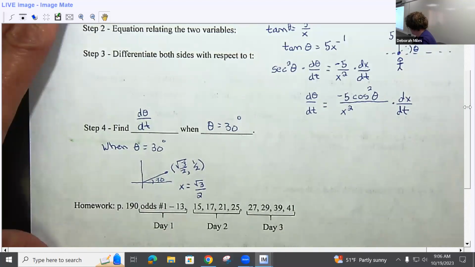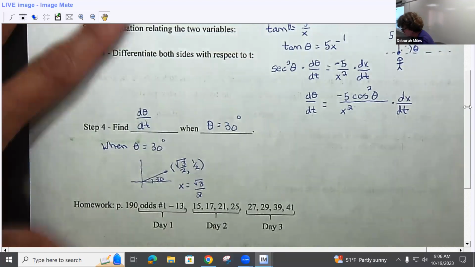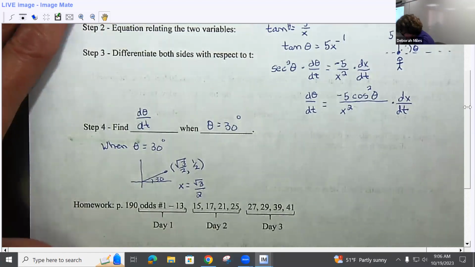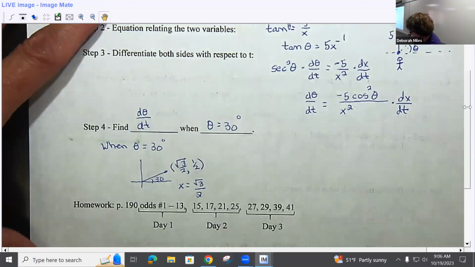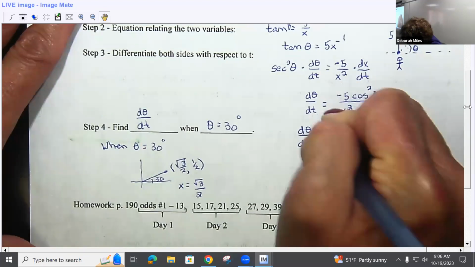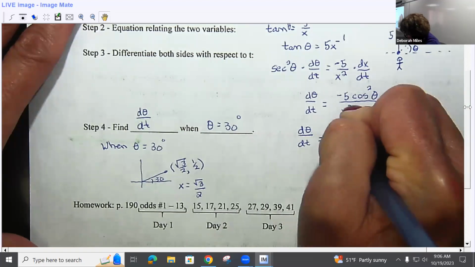That would be your x. But what you said would work just as well. I think we have everything now to plug and chug. D theta over dt is -5.